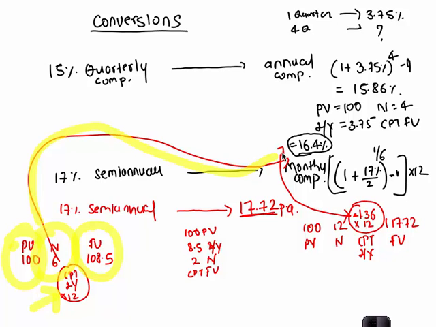Do you want to play around further? Are you finding this difficult? Let's do one more. 18% quarterly. All these rates are per annum. 18% quarterly.